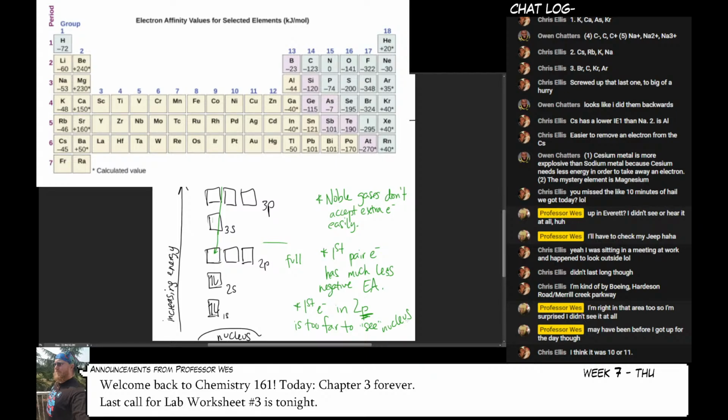So those are our exceptions, but the general principle is that electron affinity increases as Z effective increases.